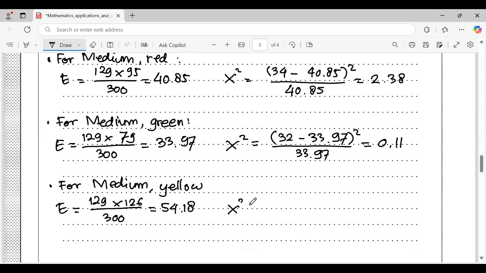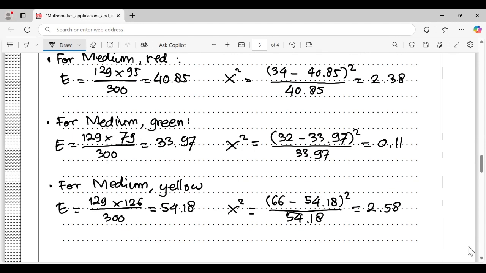And the chi-squared calculation for the medium yellow, 66 minus 54.18 squared over 54.18. And the result is 2.58.